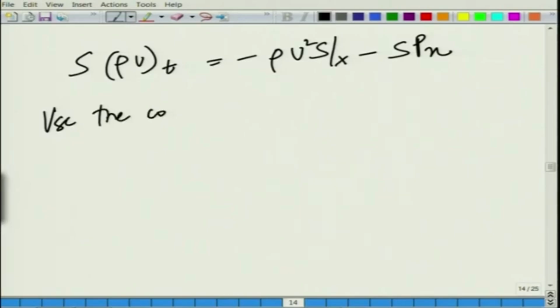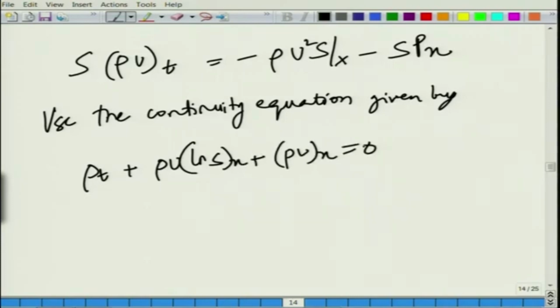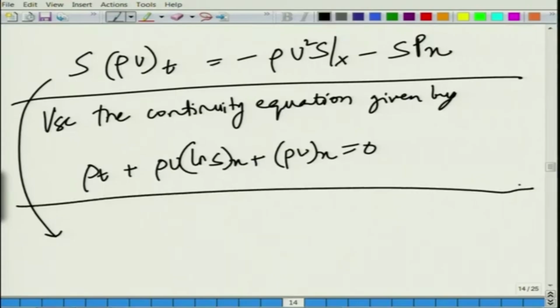Now, use the continuity equation, given by rho t plus rho u log s x plus rho u x is equal to 0. We need to use this, expand this out and keep this aside, expand this out. So, let us very quickly get about doing it.